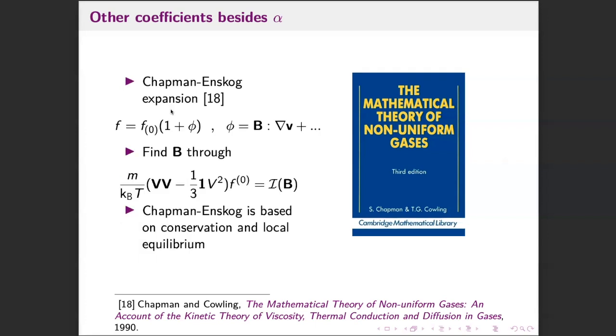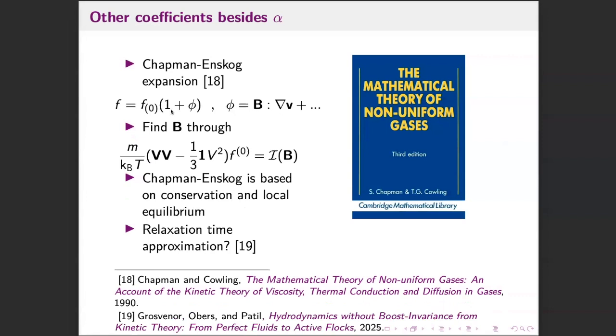One thing that's important is that all these steps are based on equilibrium and conservation laws, and both of these things are no longer really there. So that will pose some additional challenges, but you can consider a relaxation time approximation, which is also what Subodh Patil did. Then it would be simplified.